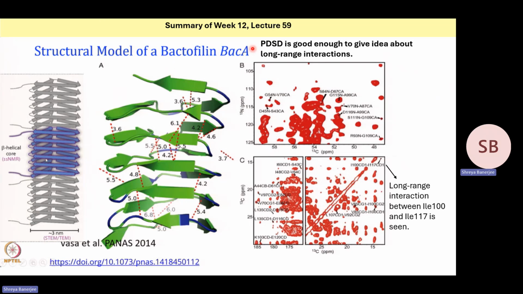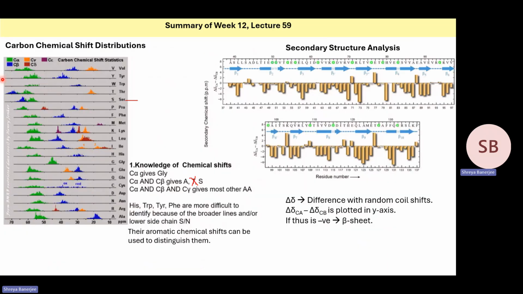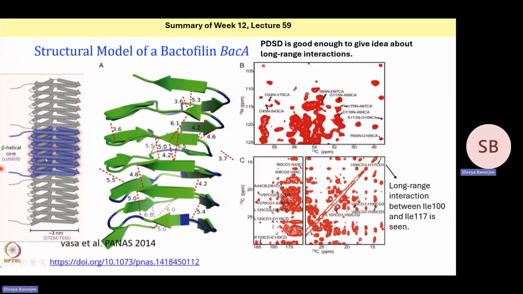So here you have a structural model shown of a protein. And so what we saw here, basically doing the secondary structural analysis, we can find out that it's mostly a beta sheet structure. And in order to find out the three-dimensional structure, we can do PDSD.